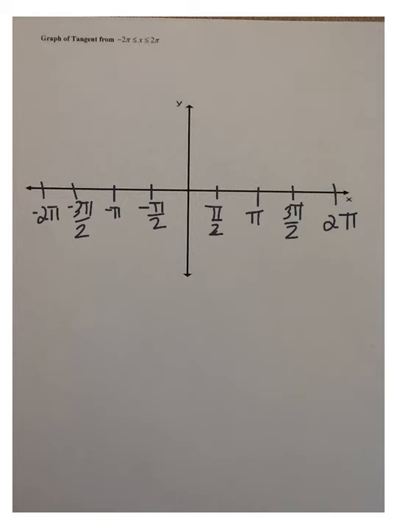Remember, we have asymptotes at odd pi over 2. So that's 1 pi over 2 and 3 pi over 2. And same thing on the other side, but at the negative odds. Negative 1 pi over 2 and negative 3 pi over 2. All right, so your graph will look like this, starting over here on the left.